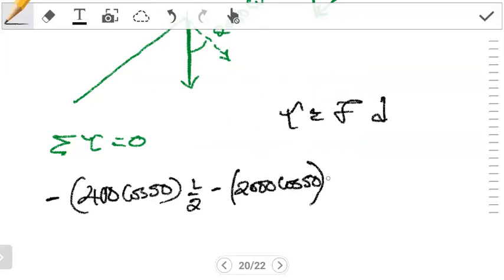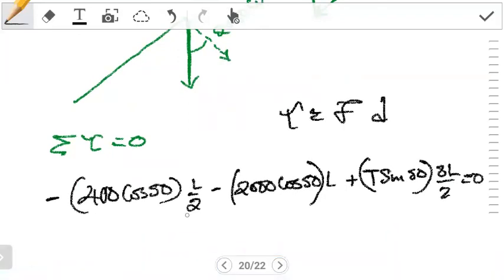The length, just L. And then the only anti-clockwise force, which is T. The ratio we're using here is sine, and the distance is 3L over 4. This should sum up to 0.